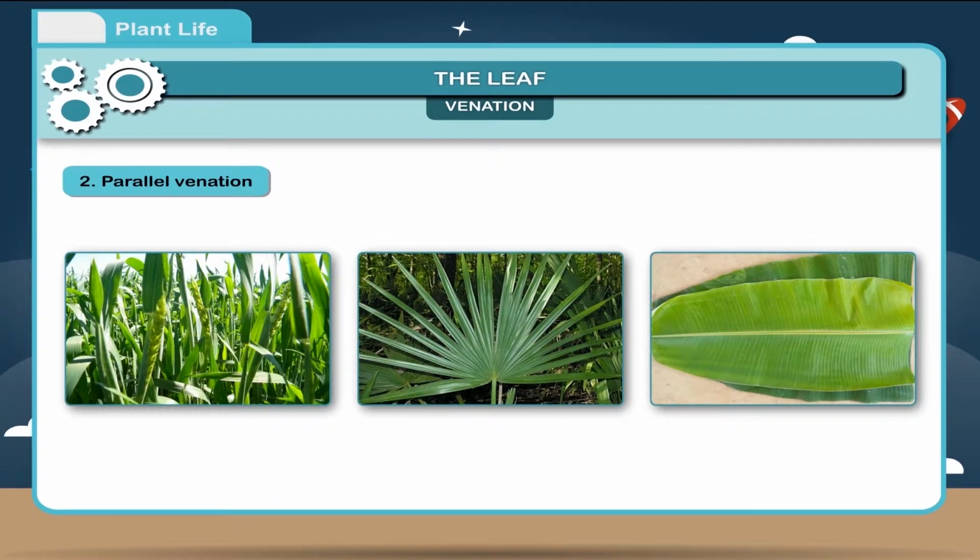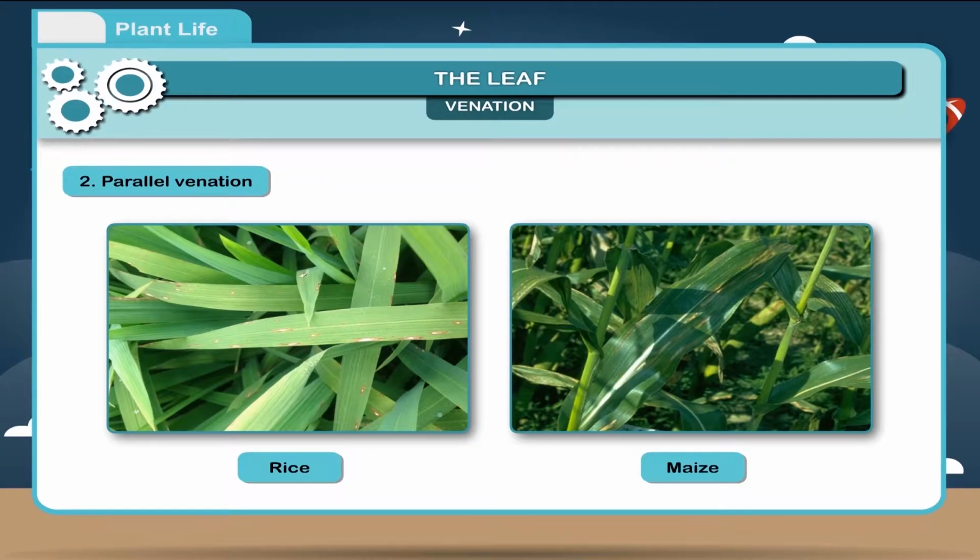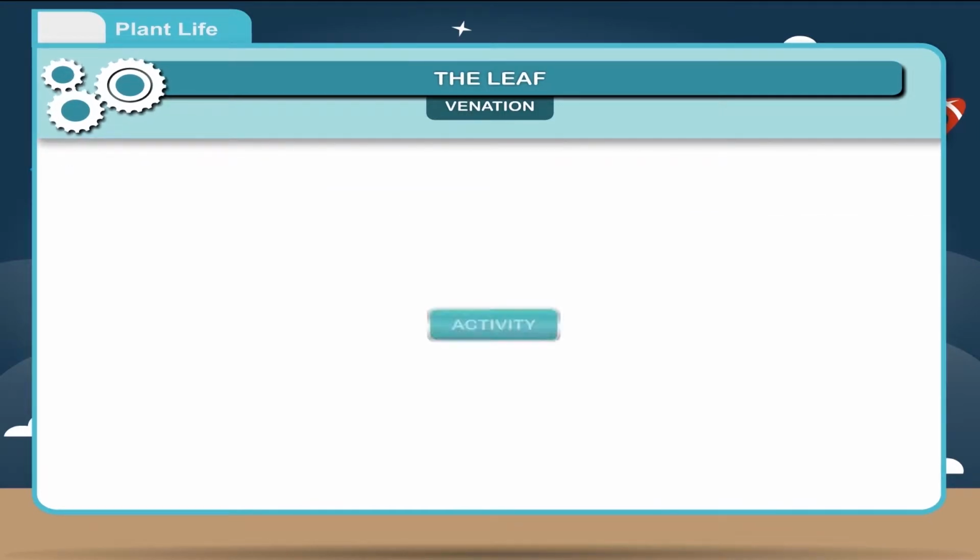Parallel venation. When veins run parallel to each other from base to apex in the leaf blade, it is called parallel venation. Leaves of wheat, palm, banana, rice, and maize have parallel venation.